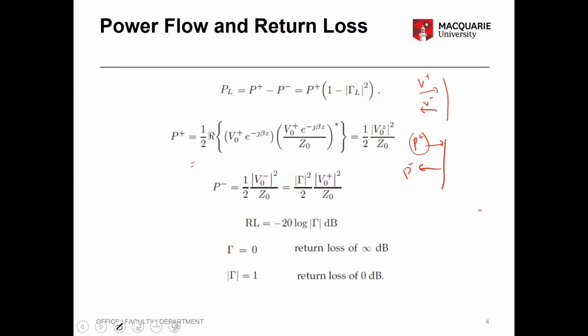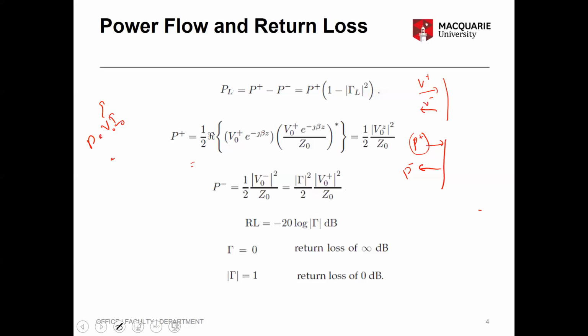Now this half comes from the fact that normally power is defined as VI. Because we're talking about peak voltage, this is V naught, I naught.